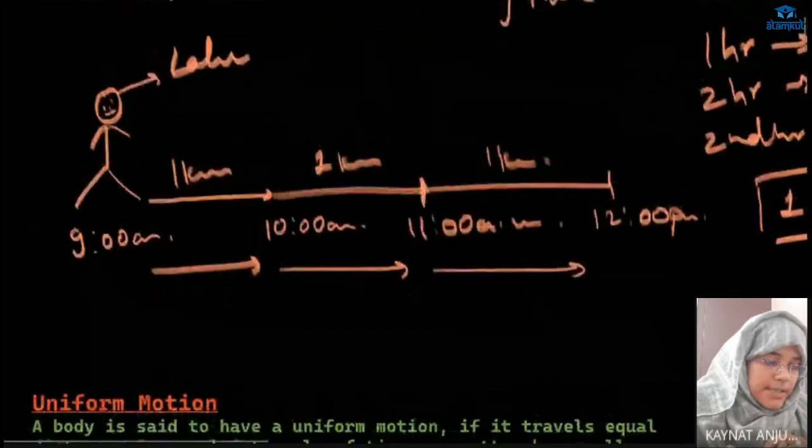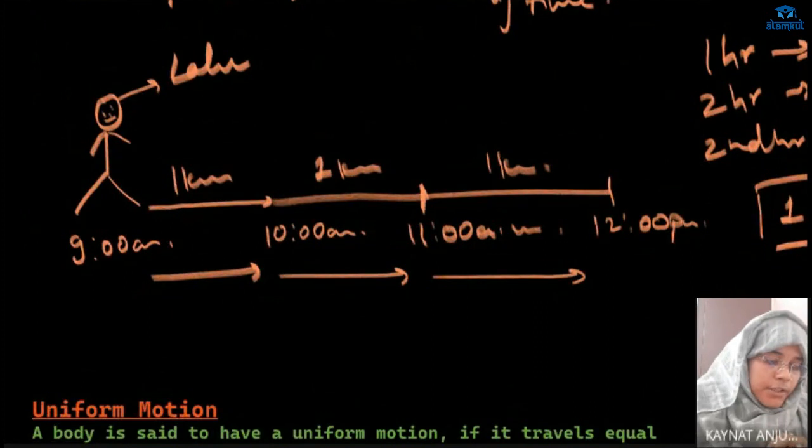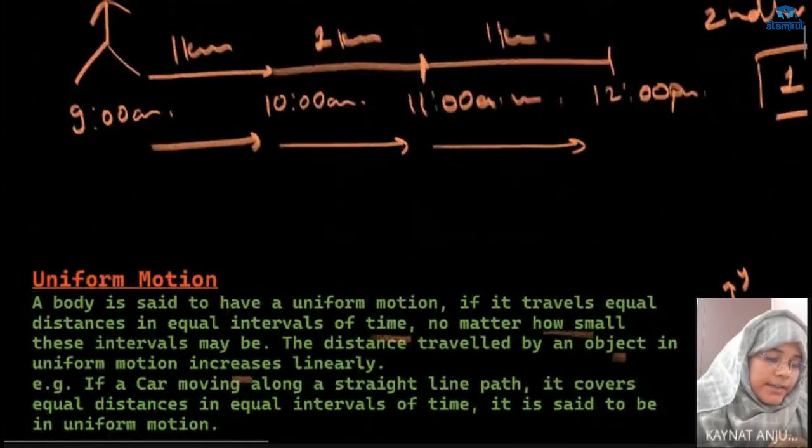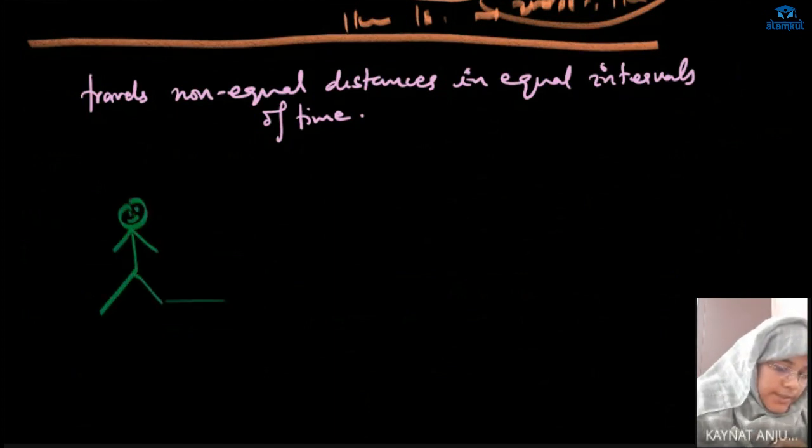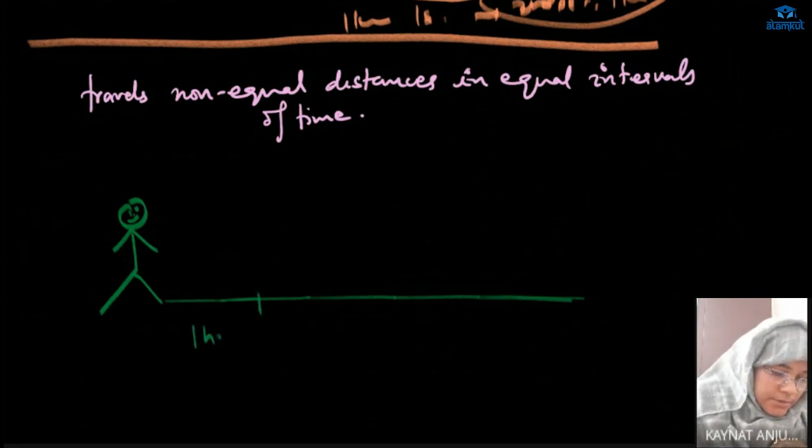Let us suppose the same Lalu is walking. In the first hour he has covered 1 kilometer, and in the second hour 2 kilometers.